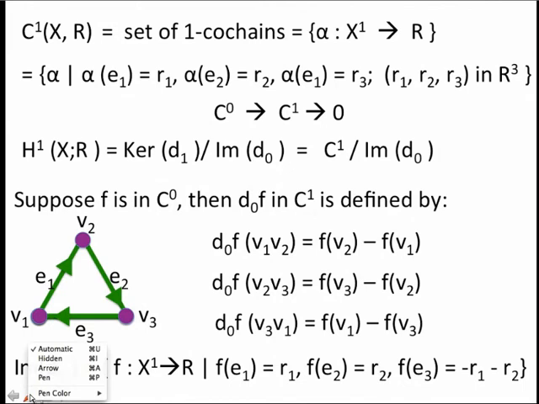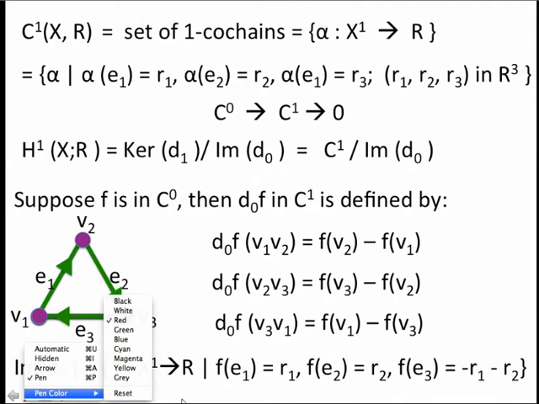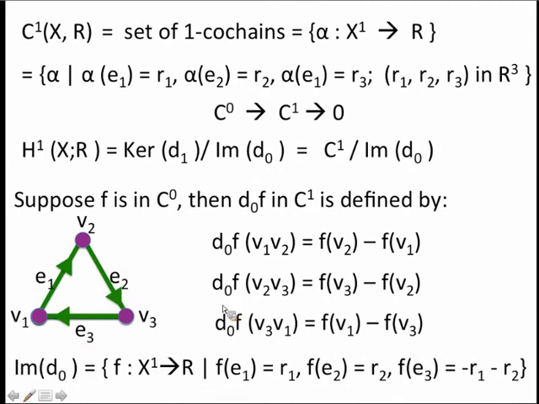So we took a look at this thing here, and we just said, if I take a look at the image, oops, I have a typo in this thing. Does anyone find the typo? Well, if I want to have a function on edges, it should be d naught of f. And so this one here should have been d naught of f.